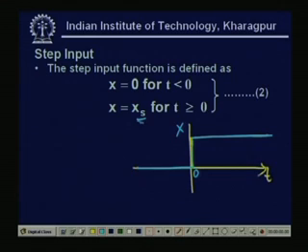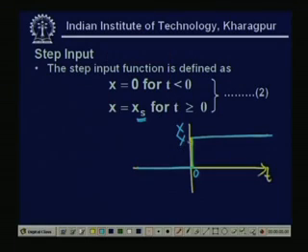I want xs to signify the steady state value, because this will be our steady state value of the input. I want my output to be exactly equal to xs, right.